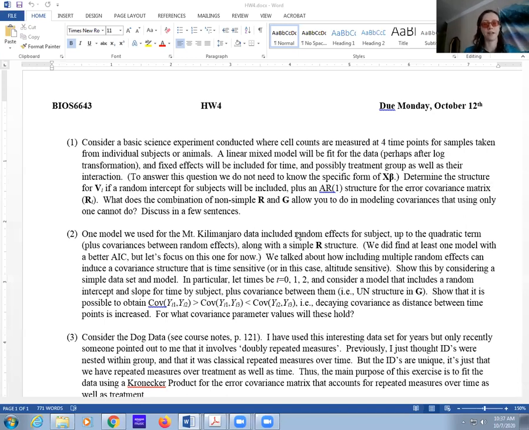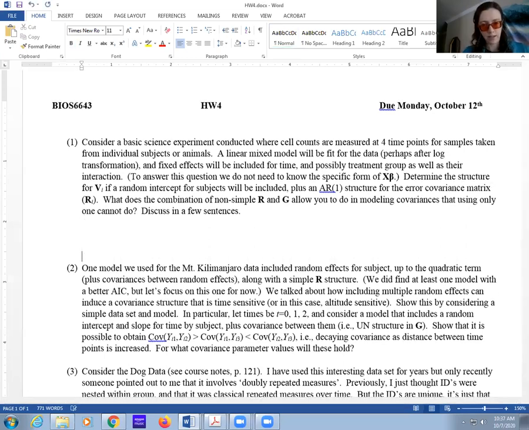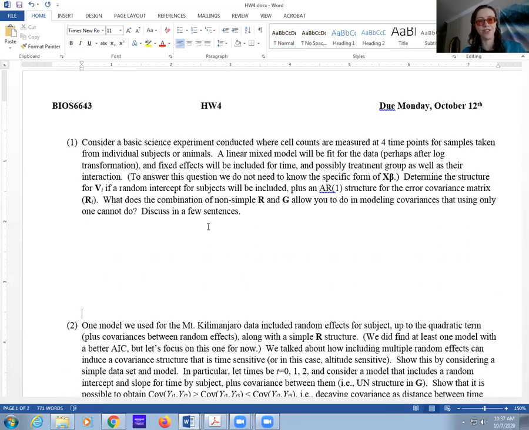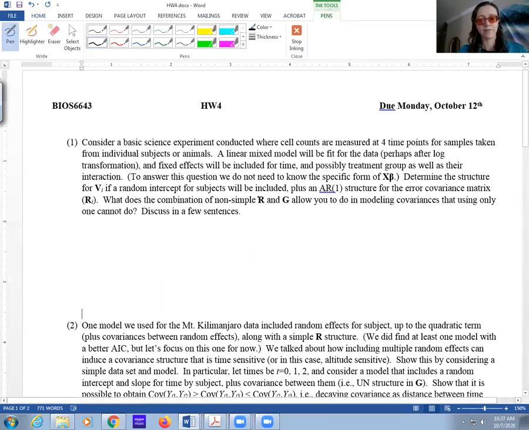Yeah, so let's say in the very first cell of the matrix, the ZGZ' matrix has the variance of epsilon, sigma squared epsilon. And then in that same first cell of the R matrix, I have the same thing, sigma squared epsilon. If I'm adding those 2 pieces, does that mean in that first cell I have 2 times sigma squared epsilon?